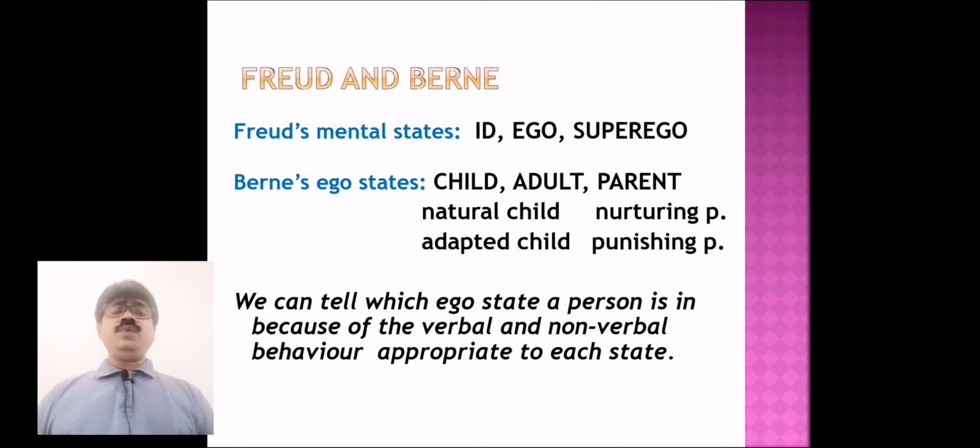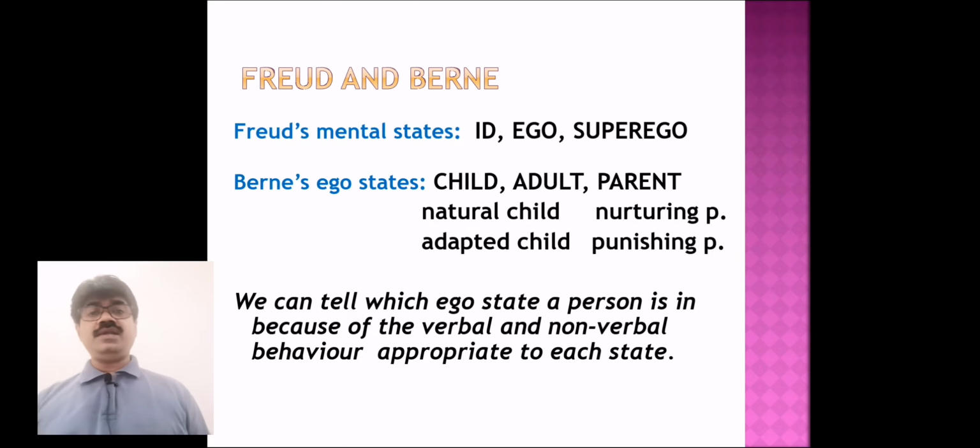We can tell which ego state a person is in by looking at the kind of behavior. He says we can tell because of the verbal and non-verbal behavior appropriate to each state. In each state, our verbal behavior, the way we speak, and our non-verbal behavior, our body language, will be different.